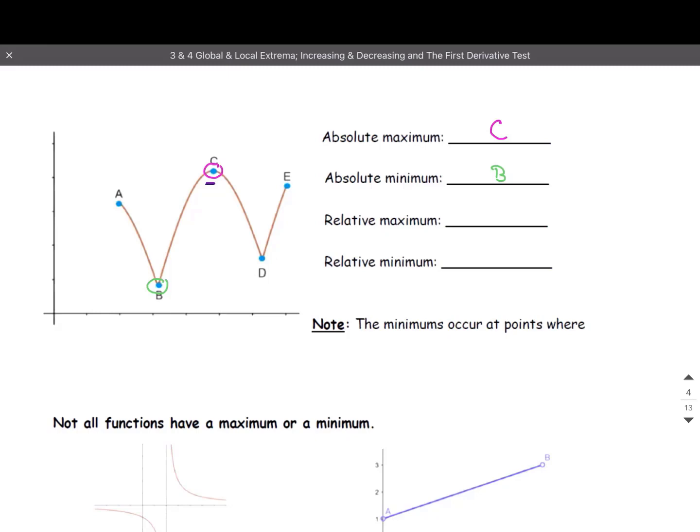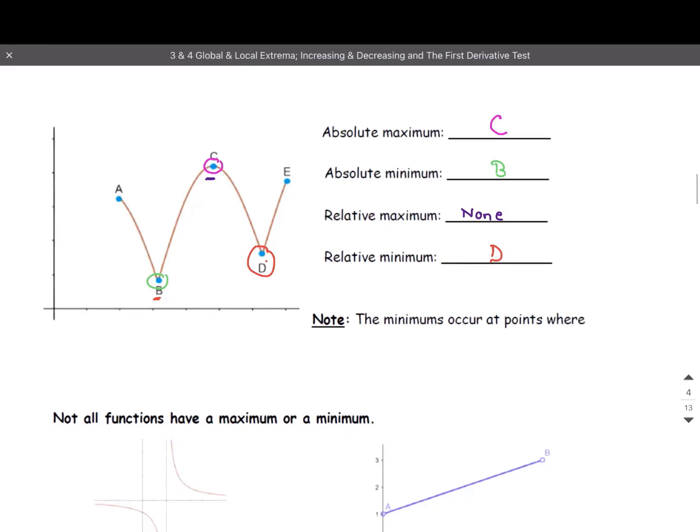But we already called c our absolute maximum, so we have no relative maximums. Now, a relative minimum, where the graph comes down, turns around, and goes back up, would be right here at D. Yes, B is also a turning point, but we call that one our absolute minimum.